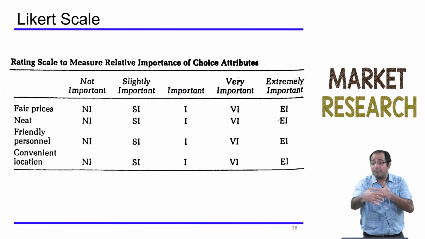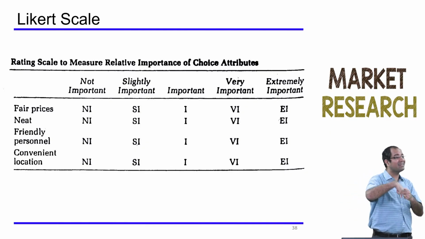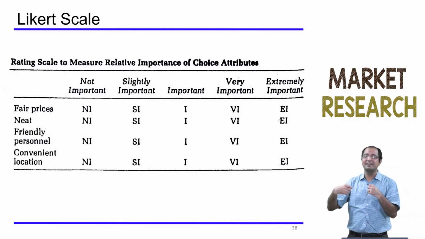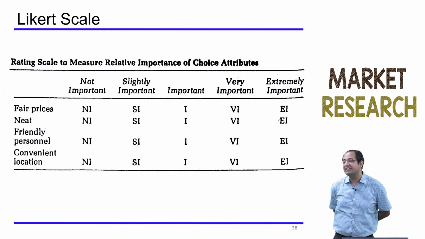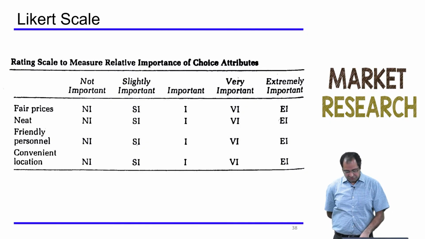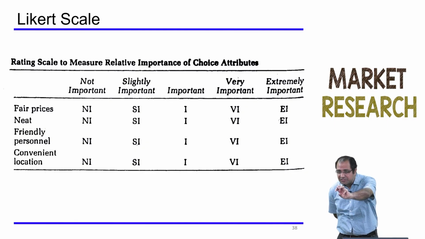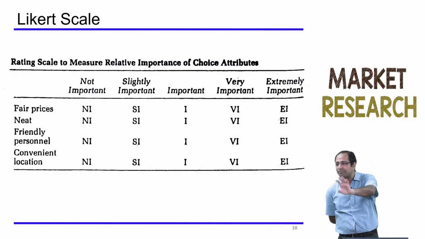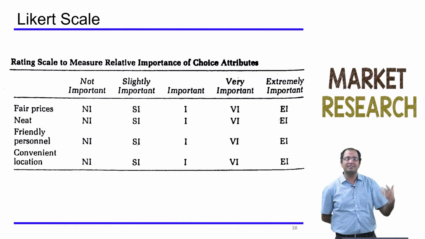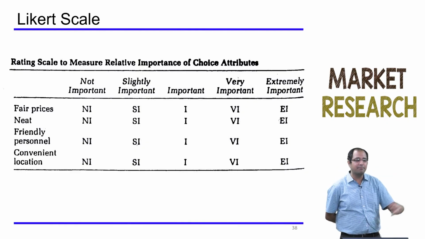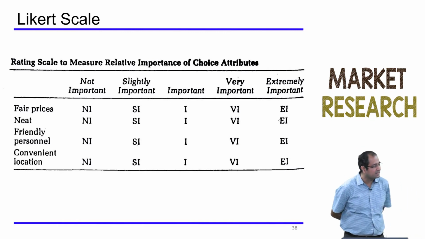You are in a way doing a comparison, but through non-comparative scaling, because you are taking ratings and comparing the rating scores. This is not an example of measuring a concept through multiple statements. This is an example where you compare the different attributes in terms of their importance, but using non-comparative scaling.